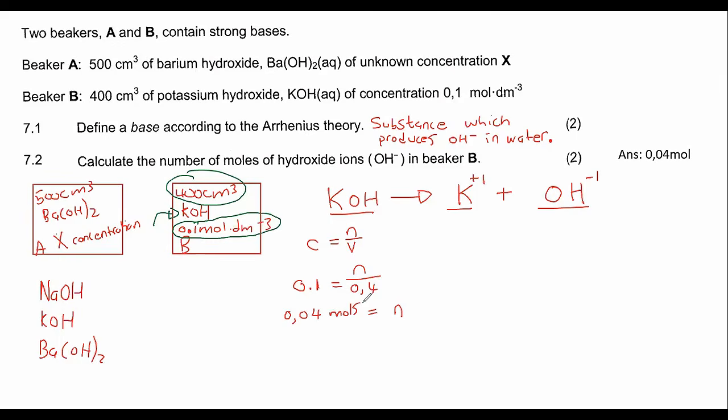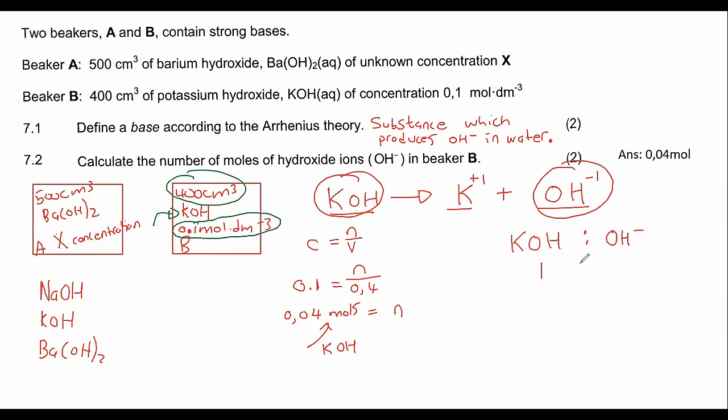0.04. But now this is the part where many learners could make a mistake. What we must look at now is that this is the moles of potassium hydroxide. Now, the ratio of potassium hydroxide to hydroxide is 1:1, but it might not always be like that.